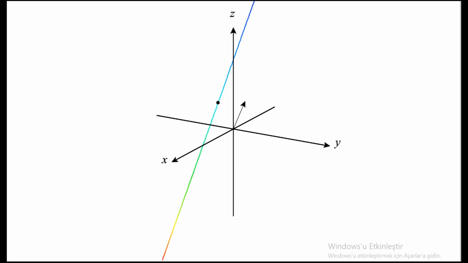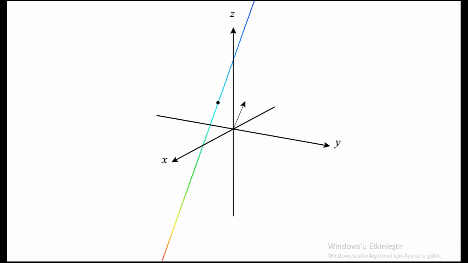You see, this is our line, this colorful one, and this is our direction vector. The direction vector is parallel to the line, and this point is the point on the line.